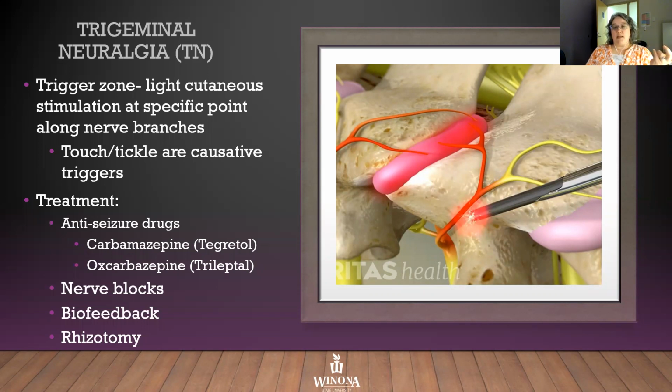So then the spine-to-brain signal doesn't happen. We can use a little bit of heat or radio frequency to disrupt that communication of pain between the brain and the spine.